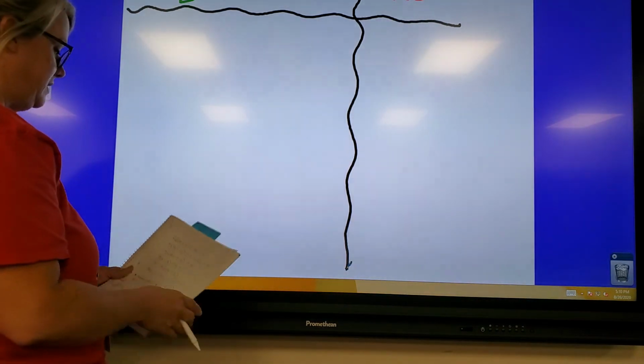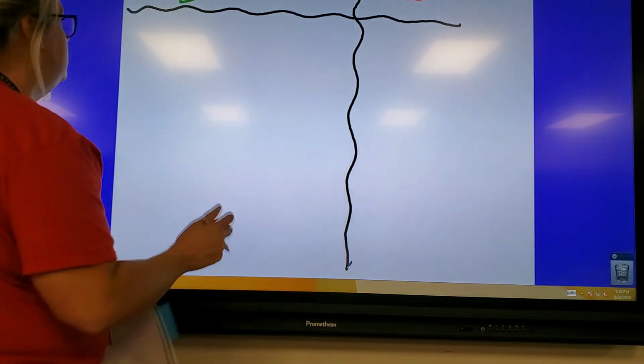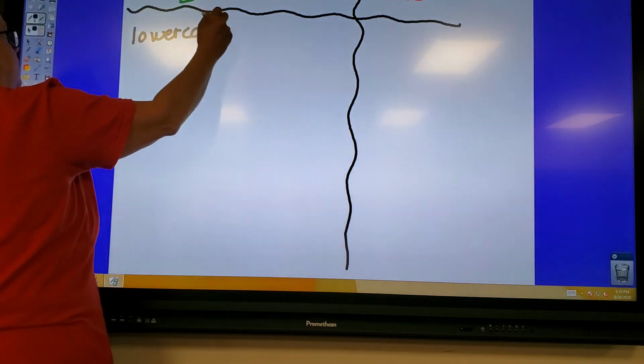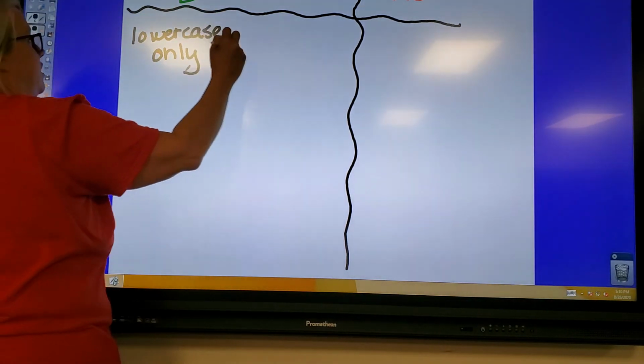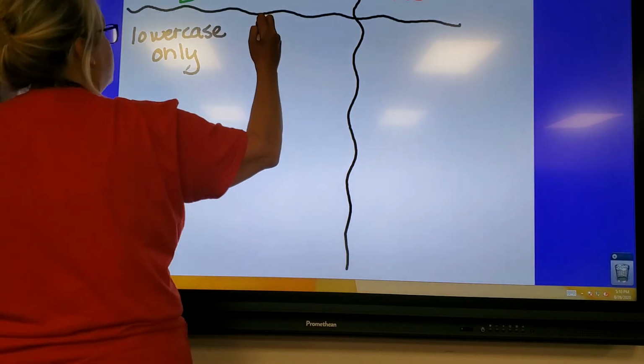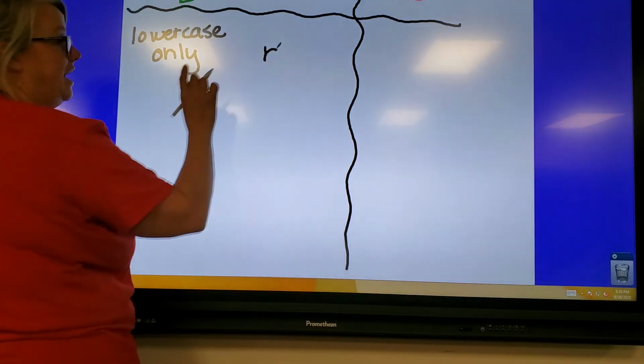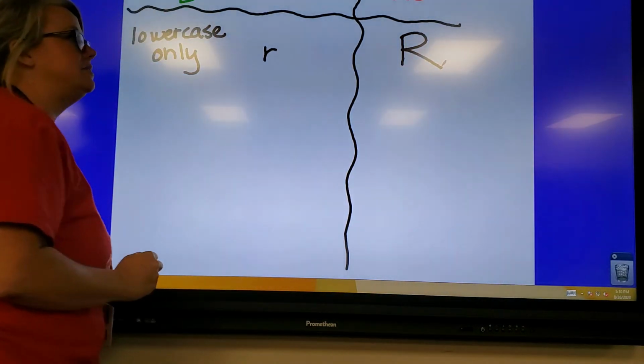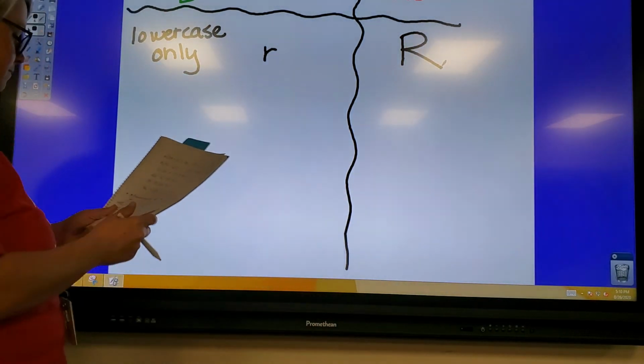As a reminder, lowercase letters only. If you have the letter R, then you need to have it as a lowercase r. Do not write any of your variables as uppercase, capital letters.